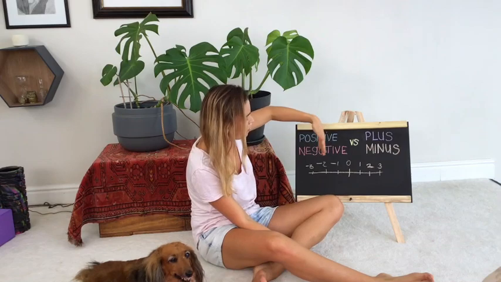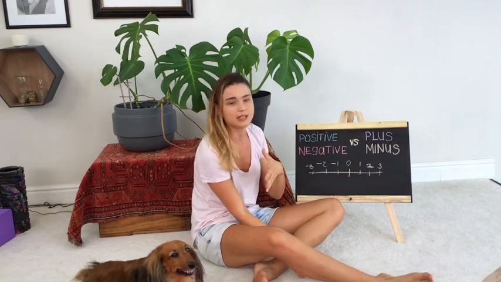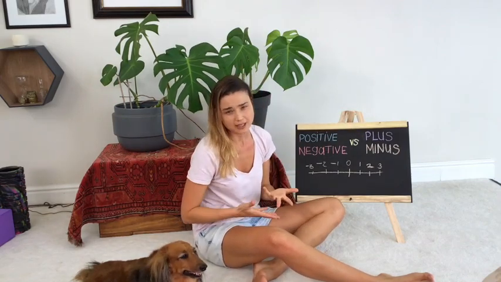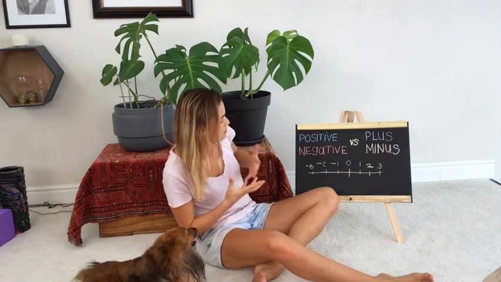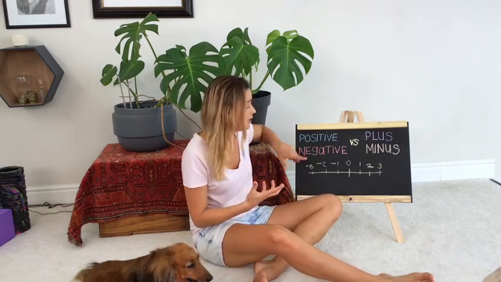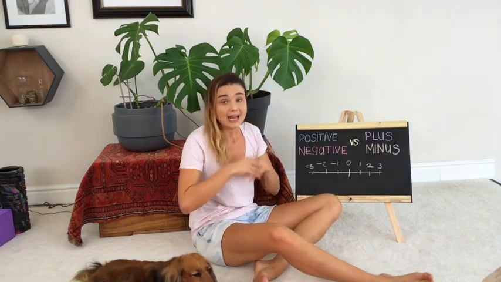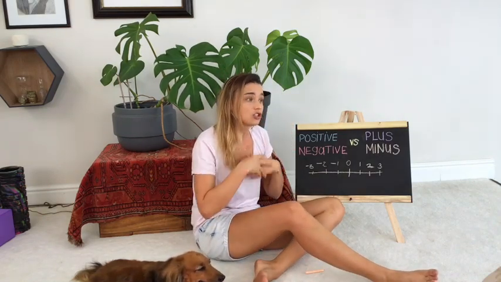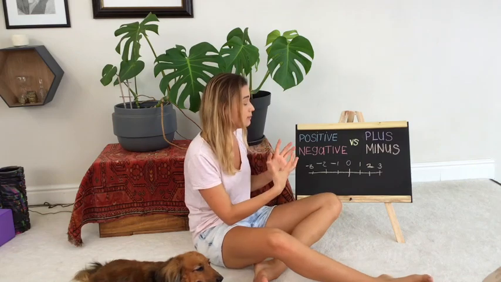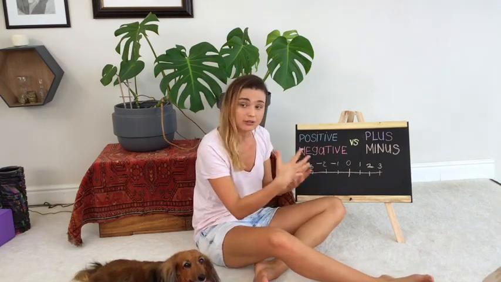And you might be thinking, well, whether I say plus or minus, positive or negative, aren't I saying the same thing? But what's important to understand, the difference here, is that positive or negative, think of it as an adjective in English. It's describing the number. It's explaining where the number is on the number line.